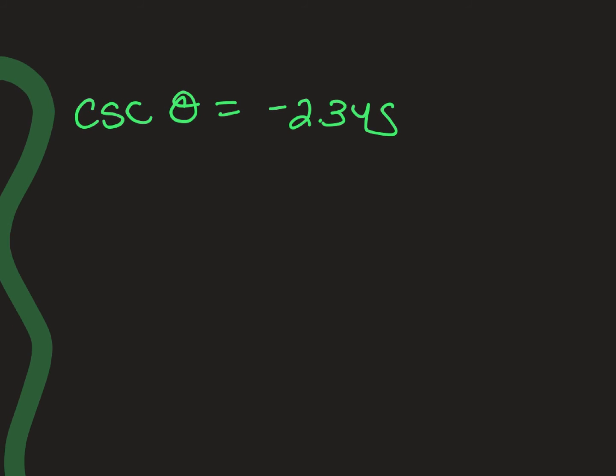Which trig function is the reciprocal of cosecant? Sine. So we're looking for where sine is negative, which happens in which 2 quadrants? Third and fourth. In the third, we add the angle to pi. In the fourth, we subtract it from 2 pi.